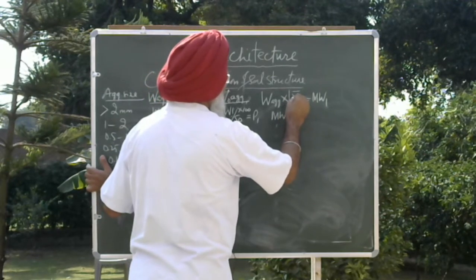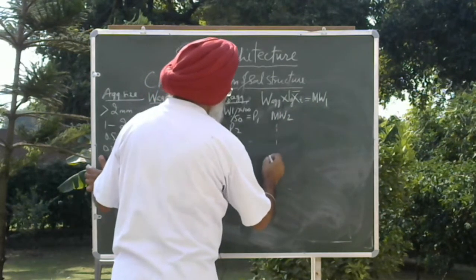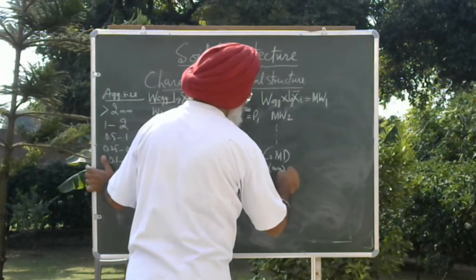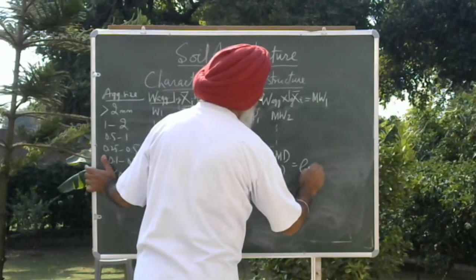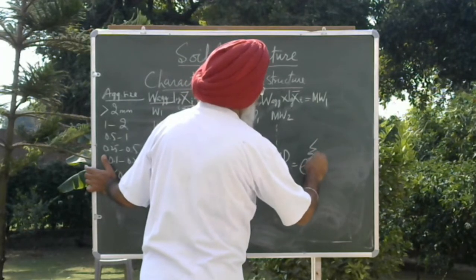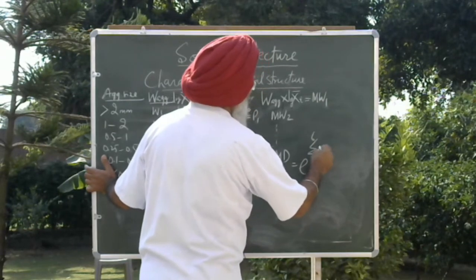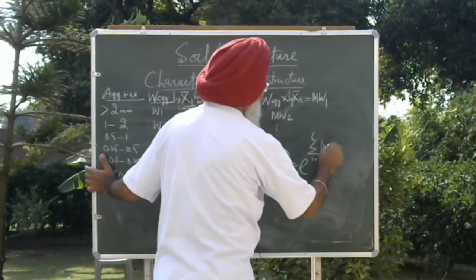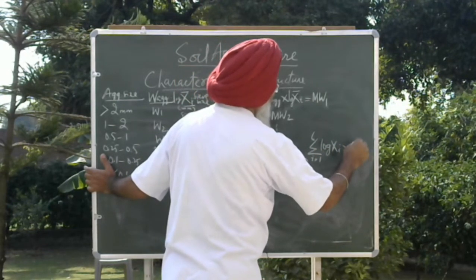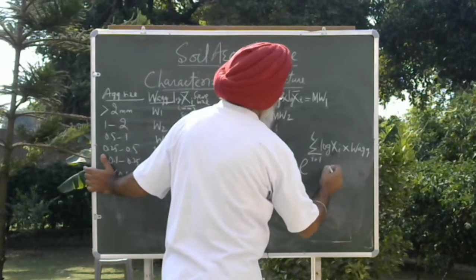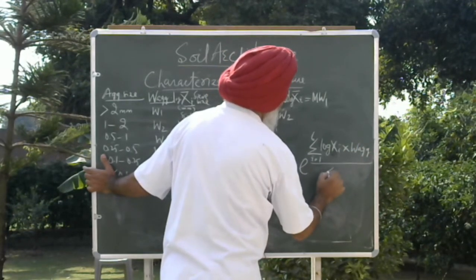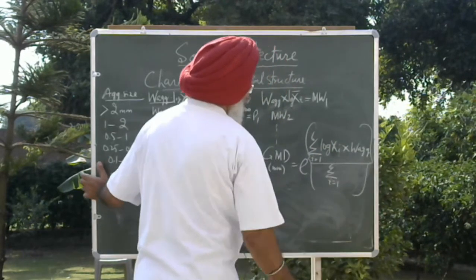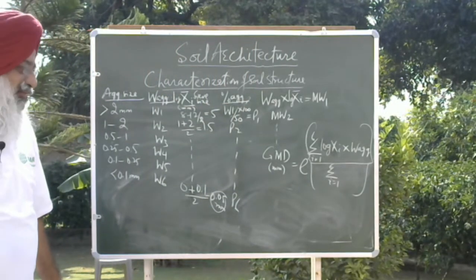So, in this case geometric mean diameter, again in millimeters, will be the exponential value of summation of I equal to 1 to 6, log of xi multiplied by weight of aggregate divided by W. So, take exponential value of it, this will be geometric mean diameter.